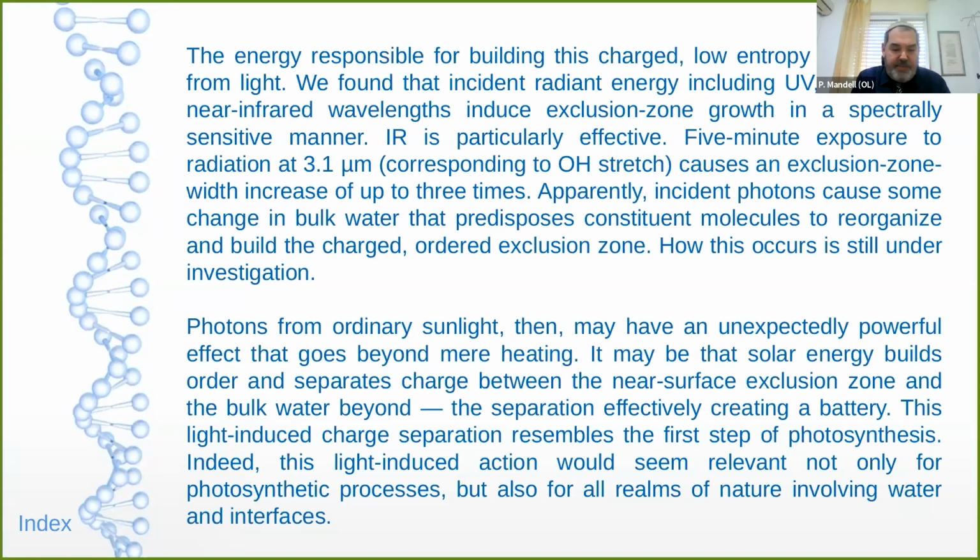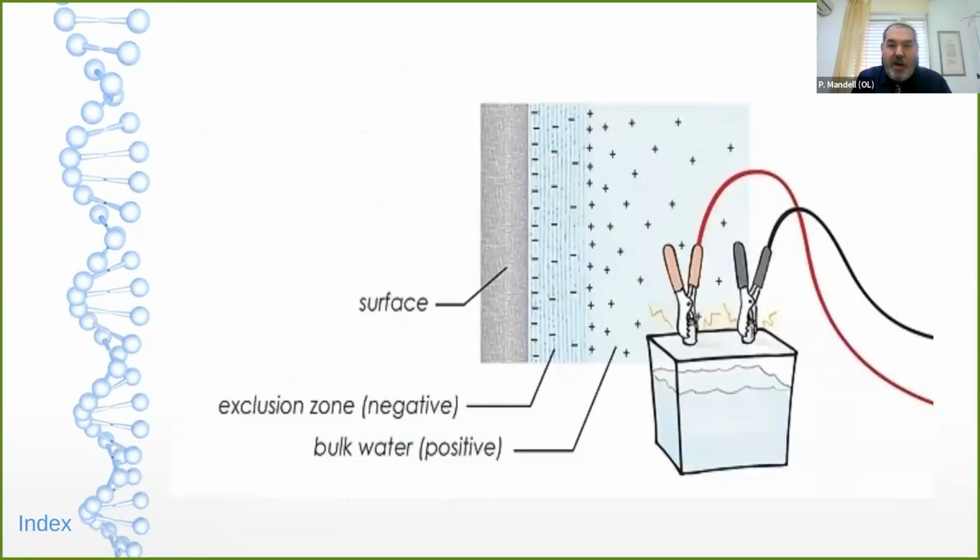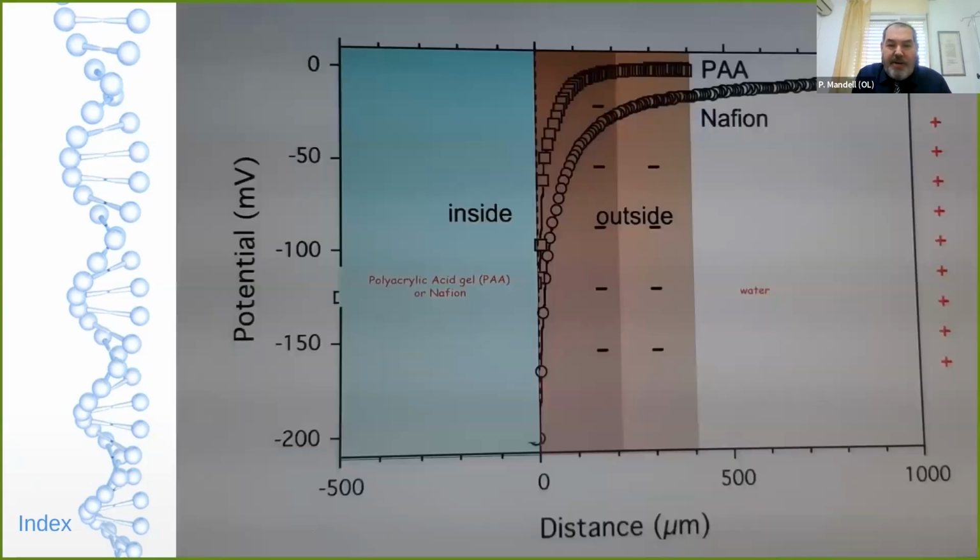We don't have time to read all this. Okay, again, we can see here how it acts as a battery, where you have the hydrophilic surface and then the water next to it, which is the EZ water, the exclusion zone, and then the bulk water on the other side. Now, how is the water getting charged, and from what?